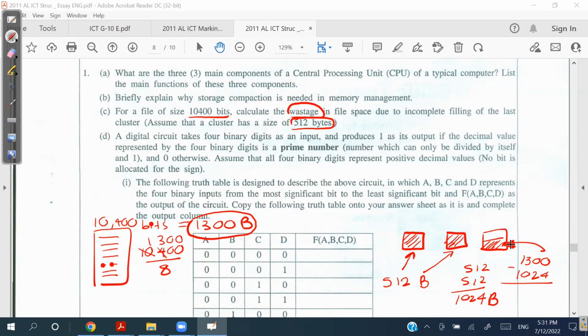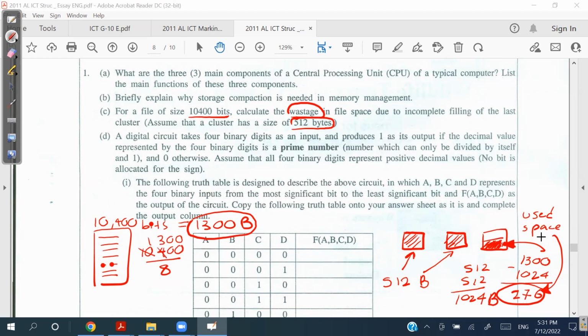That means it is 276, the filled portion. Right, so this is going to be the used space.